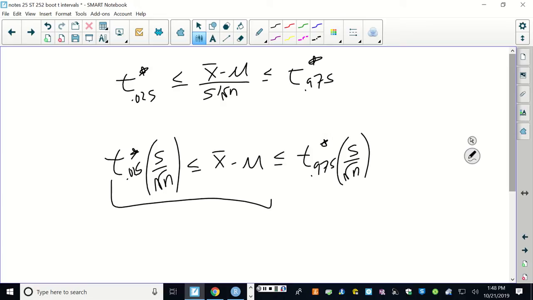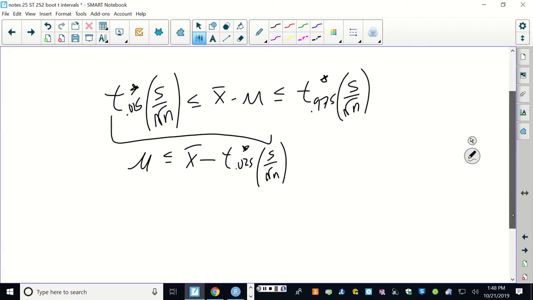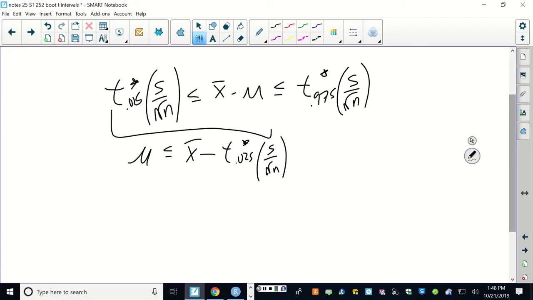So we can get mu on this side is less than or equal to x bar minus, because now we're going to minus this over here, the 0.025 star, times s over the square root of n. So that's our upper end point. Remember the t 0.025 is probably a negative value, like -2, something around that range.